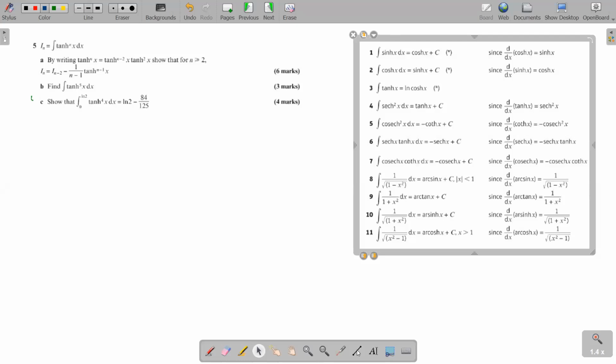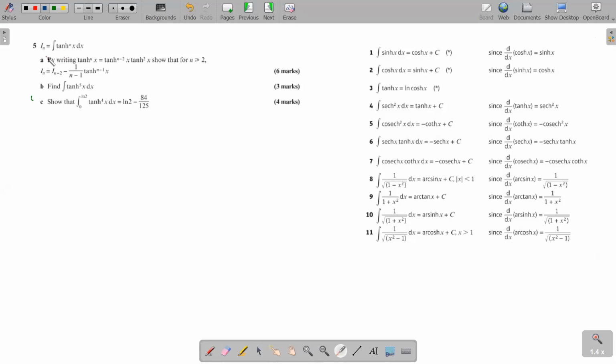Question number 5. So they have told you here that In is equal to the integral of tan x to the power n. And then they have told you to write tan x to the power n as tan x to the power n minus 2 into tan square x. Do you understand how they have broken it here? So tan to the power n minus 2 into tan square, when you multiply, gives tan to the power n.